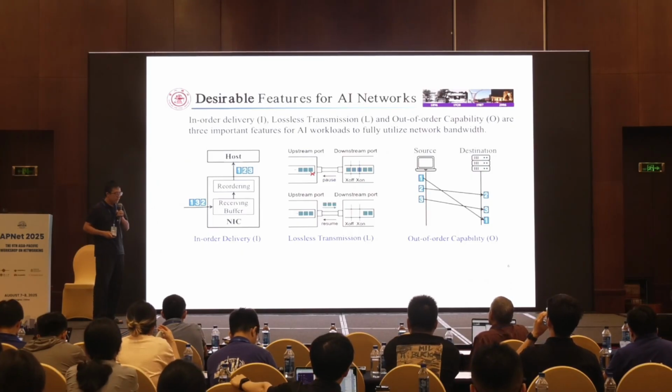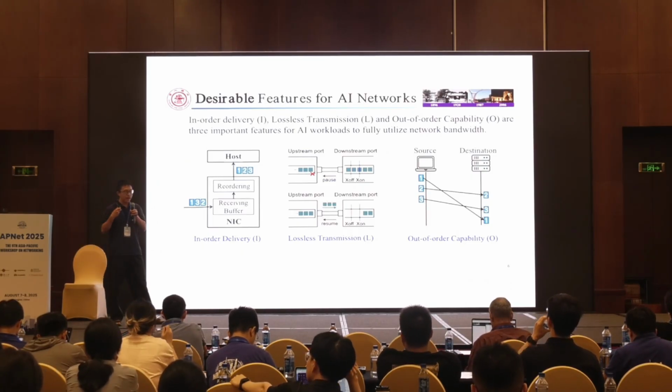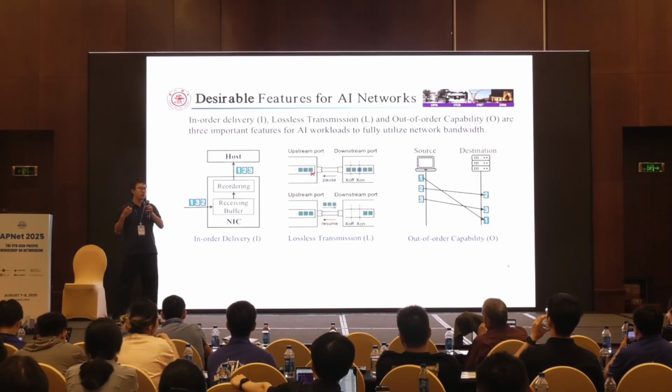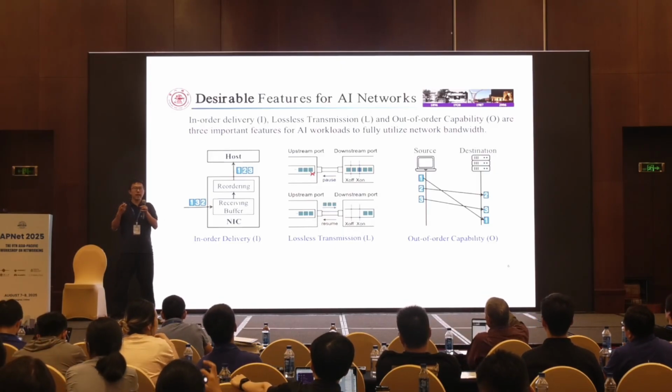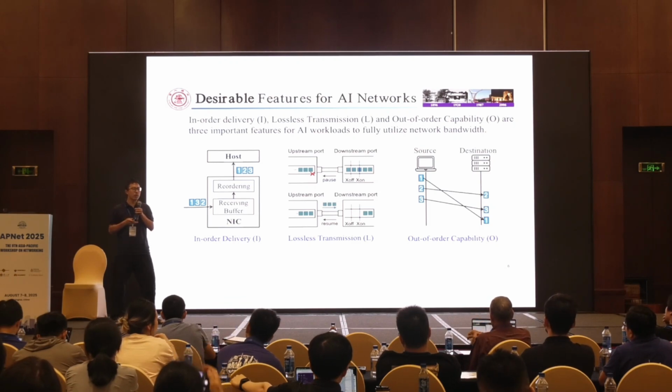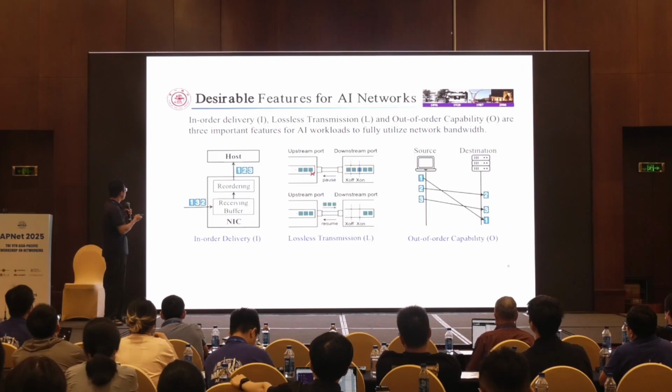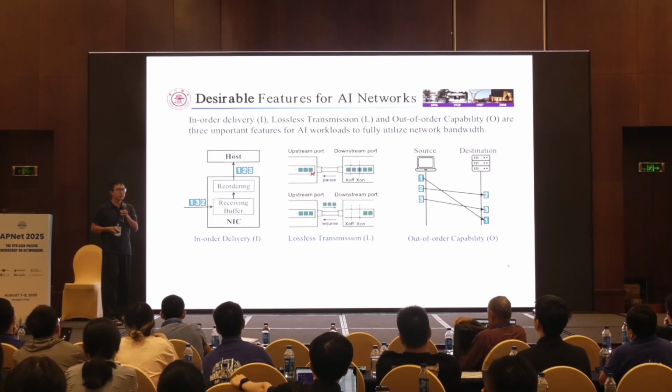Based on this packet disordering, we need to think about what kind of properties we want to achieve when we design a routing protocol. First, we want to achieve in-order delivery.